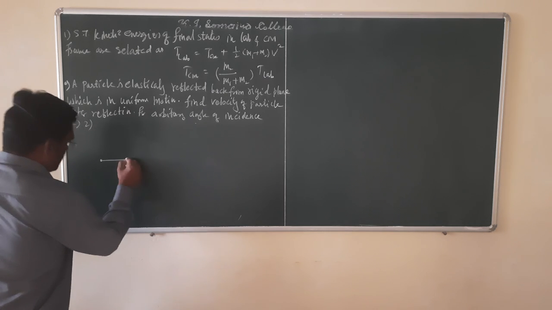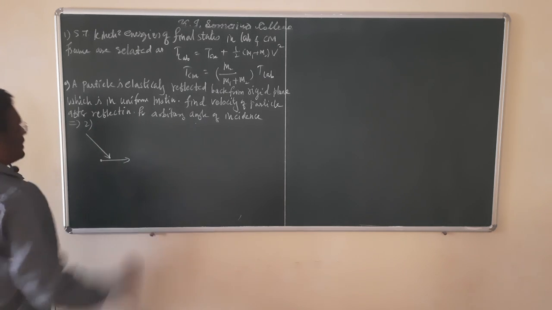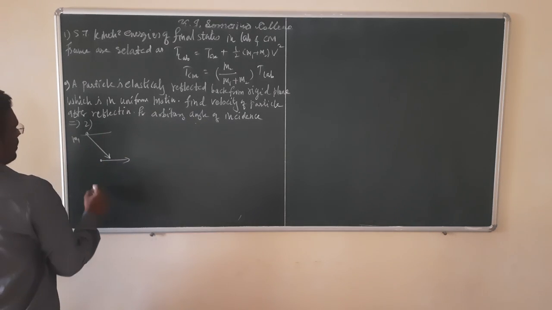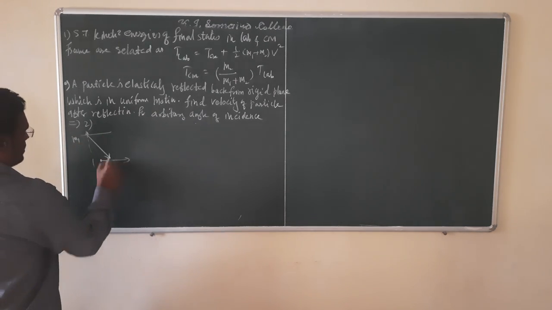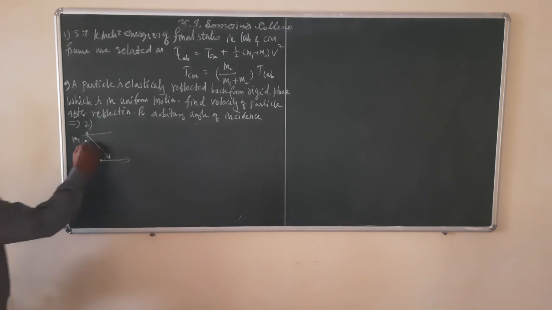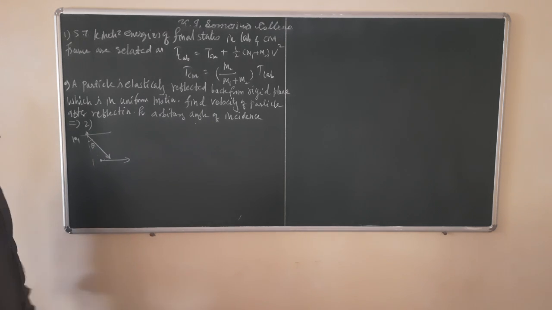So suppose this is the plane and this is the particle which is incident. Now if m is the mass of the particle, take the angle of incidence as theta here, or you can choose theta as this angle for our simple calculations.